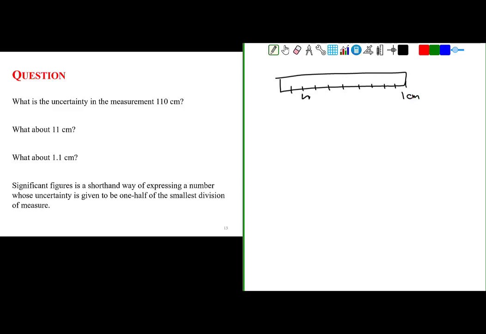Notice the smallest division of measure is 0.1 centimeter in our measuring device. And actually, let's make our ruler a little bit longer. So this is 1.1, that's 1.2.